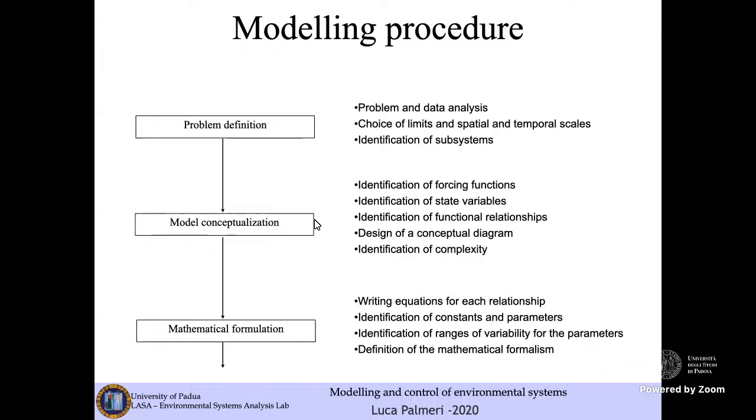So during model conceptualization, essentially we find forcing functions, for example temperature, state variables, for example chlorophyll A or nitrate concentration in the water column, identification of functional relationships, for example, chlorophyll A increases with increase in nutrients or nitrates, and then at this point I can draft a conceptual diagram, and it is on this conceptual diagram that I start making my calculation about complexities of a system.